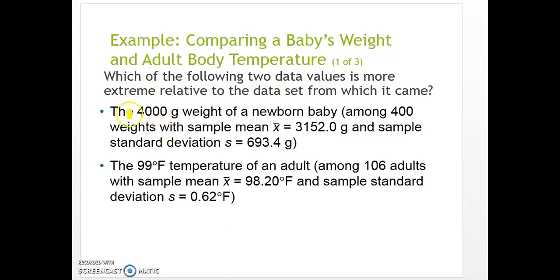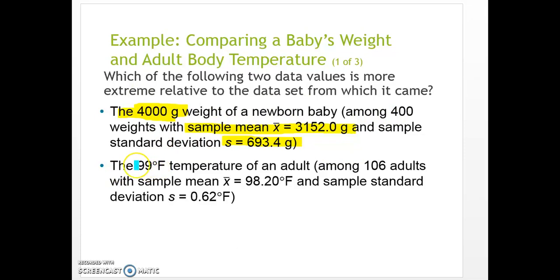The first data value is the 4,000 gram, 4 kilogram weight of a newborn baby. This is among 400 weights with sample mean x bar of 3152 grams and a sample standard deviation of s equals 693.4. So this is a baby weight in 400 weights.